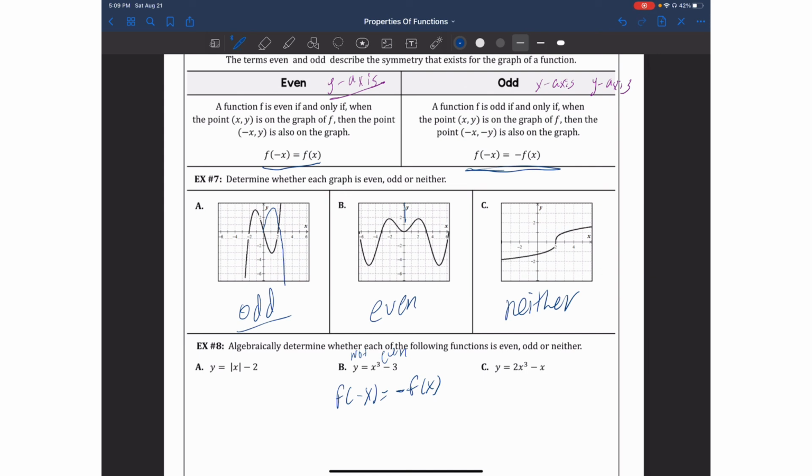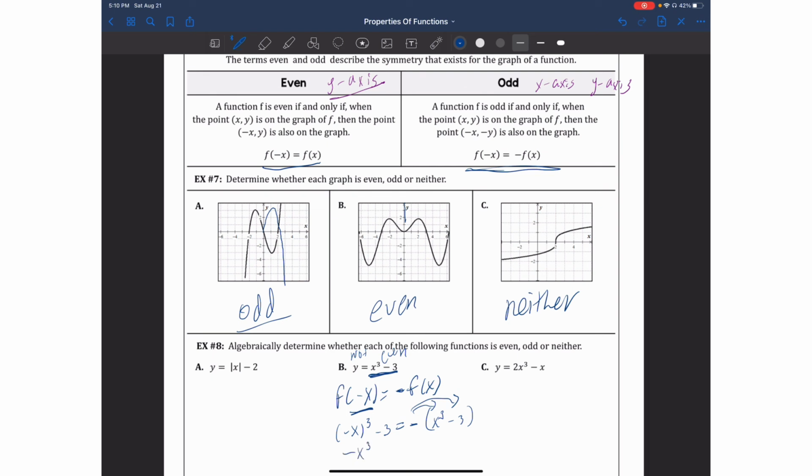So on the left side, I'm going to take my original equation. Everywhere I have an x, I'm going to replace it with negative x. So negative x cubed minus 3, and I want to figure out if that's equal to negative times f of x. So again, I like to put my parentheses and then put it inside, and then distribute my negative. In this case, again, I have a negative x to the cubed power.